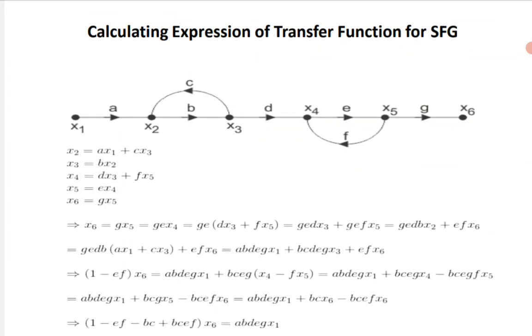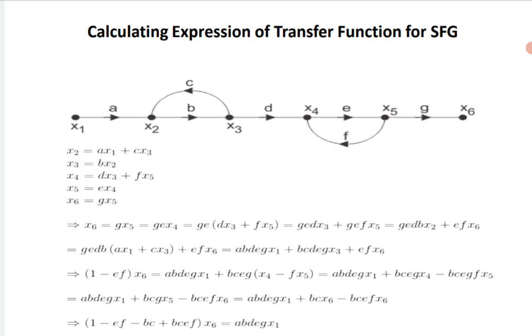I will take two nodes at a time, one input and another output. When I take x1 and x2, x1 is my input node and x2 is my output node. Taking the concept from the basic SFG, if A is my gain parameter or transmittance, x2 is equal to AX1 plus CX3, because another inflow is coming from node x3.